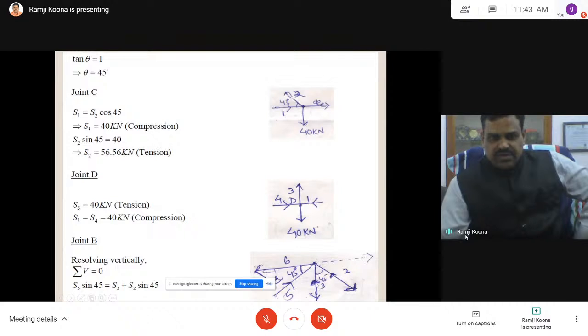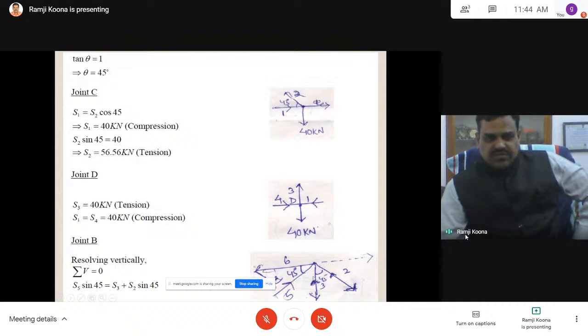Here also, for the vertical sum equal to 0, you have to resolve the forces: S5 cos 45, S2 cos 45, plus S3. These 2 are minus and this plus S3 is equal to 0, one equation. The horizontal equation is S6 plus S5 cos 45, and S3 doesn't come into the picture, S2 sin 45.